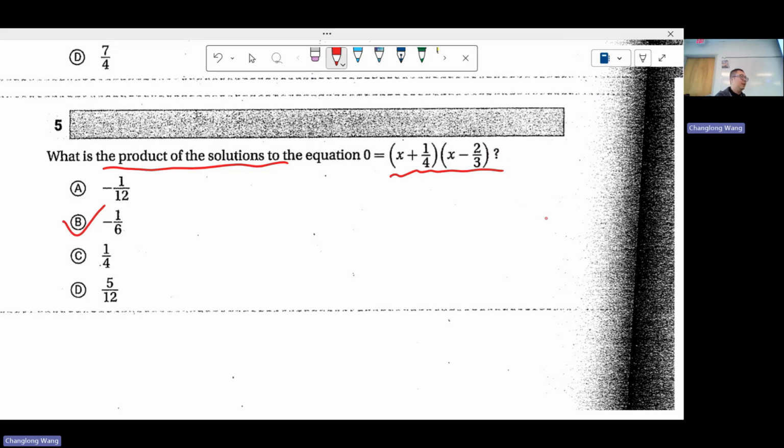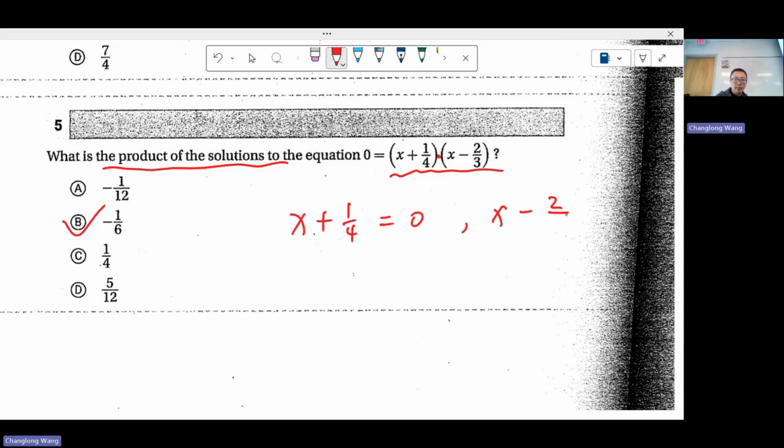Now, if you remember how much you hate factoring, they actually factor for you, so don't ruin it. What you should do is recall the zero factor property, right? So we have a product of 2 factors, and the only way the product is zero is if either factor becomes 0.